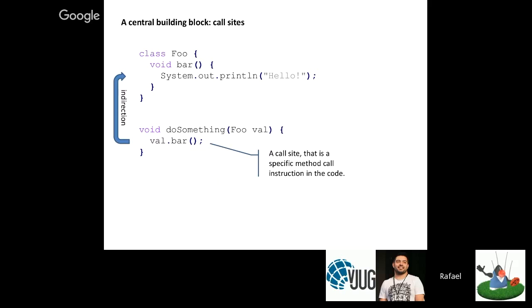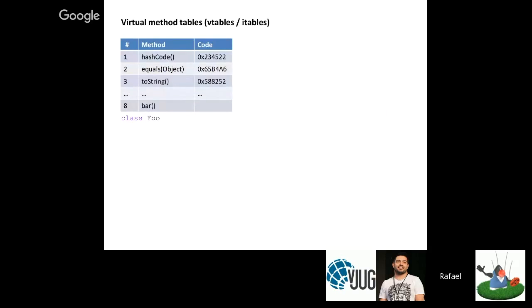So there's an indirection, right? All such languages have something that is called a virtual method table, or also typically called vtable. And the vtable is just a table with all methods that are invoked virtually on foo here. So we have hash code, equals, toString, and a couple of other methods that are declared by object and which are not overridden here.